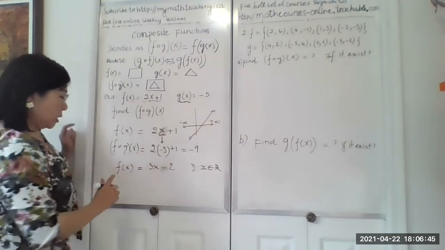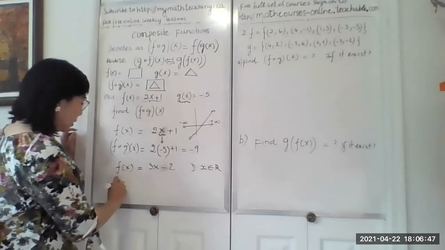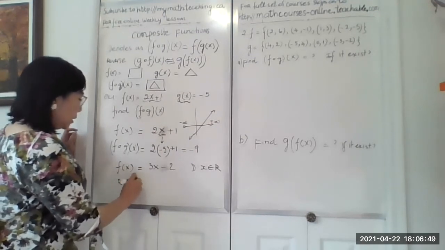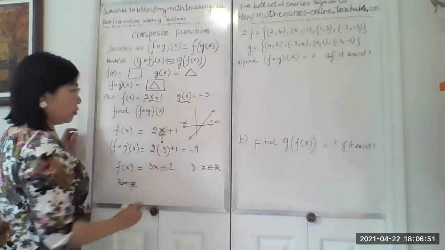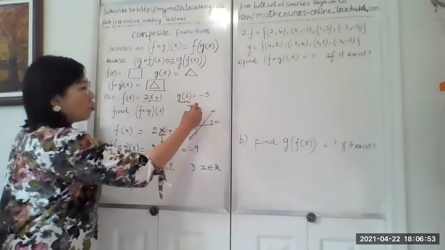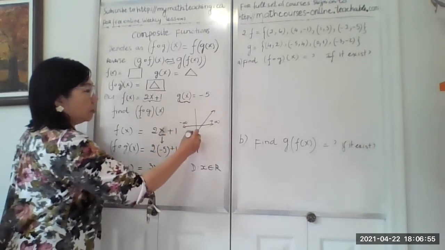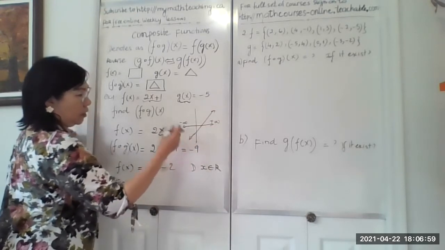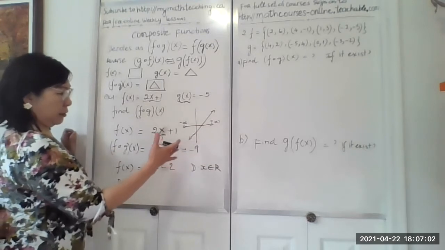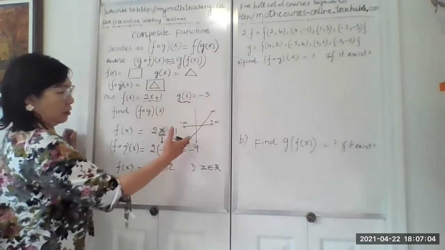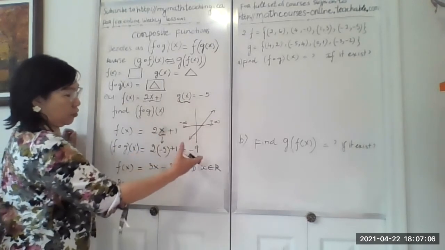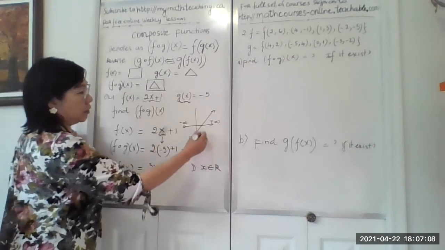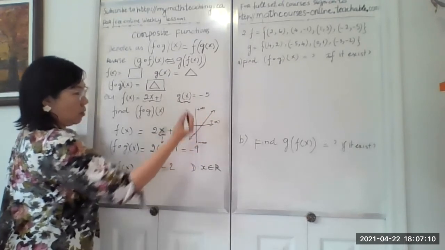Now, when asking about the range, how do we define the range? The range of this function is the y value, right? The y value of this function. And of course, if it is linear, the range of this function is from negative infinity to positive infinity as well.